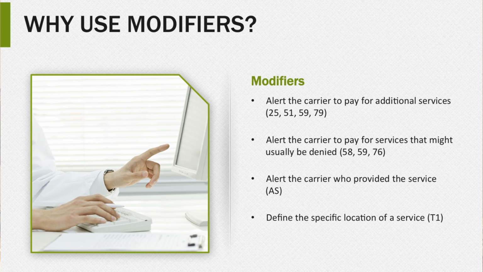Modifiers can unbundle certain services, alerting the carrier to pay for additional services. Because modifiers affect reimbursement, they're audited by Medicare, the Office of Inspector General, Medicaid, and many of the third-party payers.